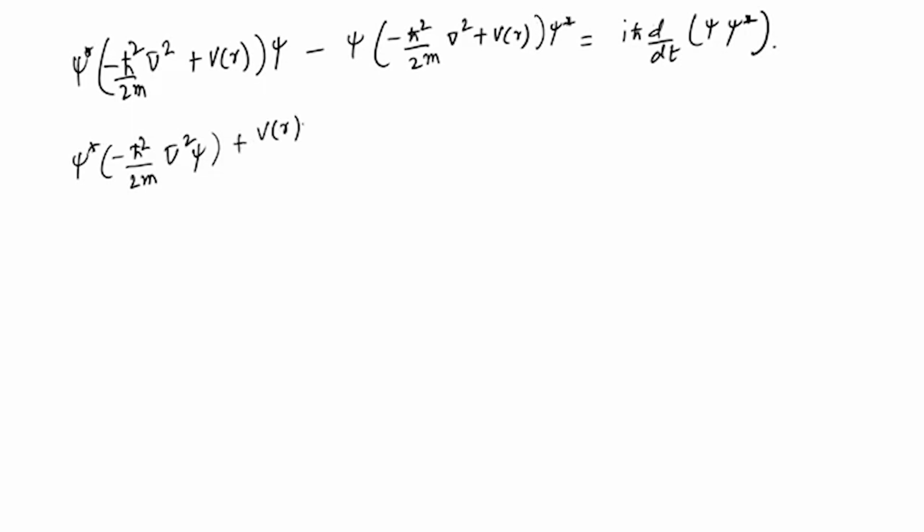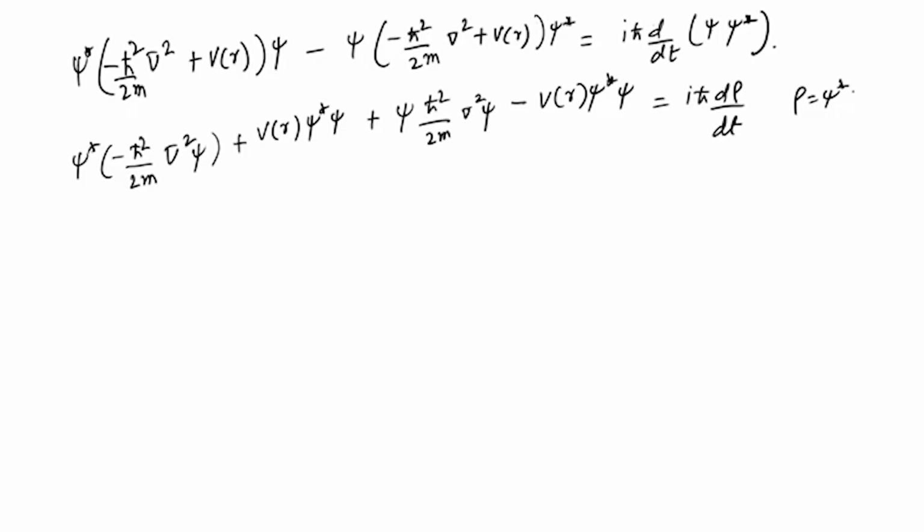So, V of r psi star psi, and we have plus psi, and then you have h cross square over 2m del square psi, and then we have V of r. So, there is a minus sign here, and then that will be minus V of r psi star psi equal to i h cross. To remind you, this is called the probability density, which is equal to rho. So, rho is equal to psi star psi.